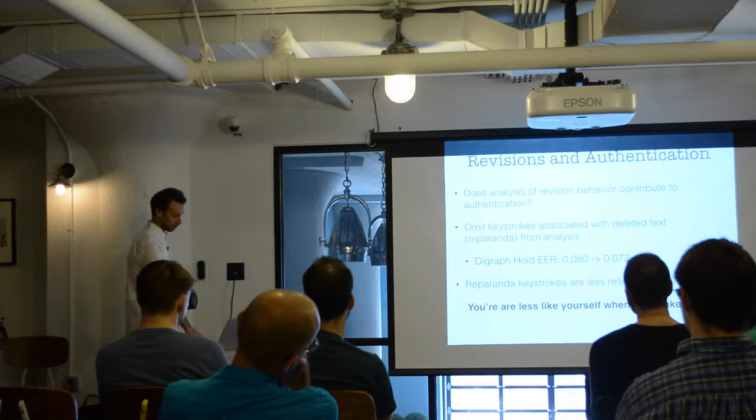This is a distraction. And it could be because of the fat finger issue, right? If you transpose a key, all of our statistics about that key are totally bunk, right? Because you meant to be typing a D and you type an E or something, right? So this is still pretty interesting, and we're still working on how we can incorporate this most robustly into these authentication approaches. So there's something to revisions.